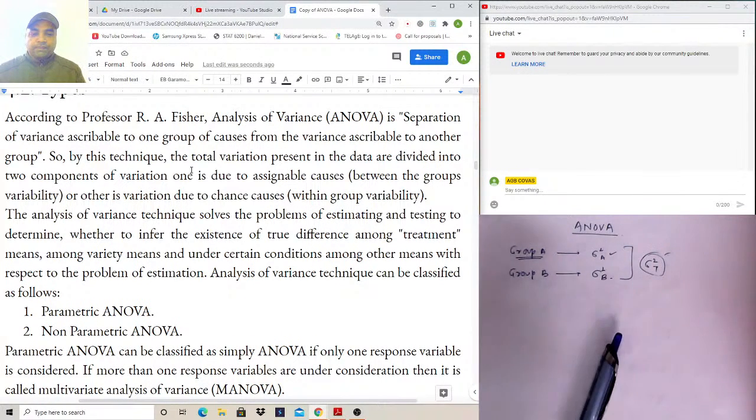So by this technique, the total variation present in the data is divided into two components.